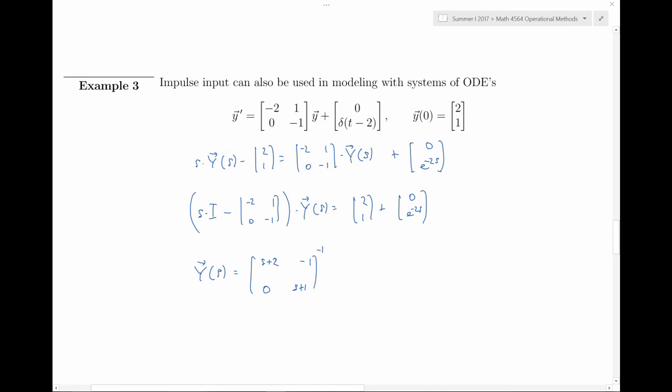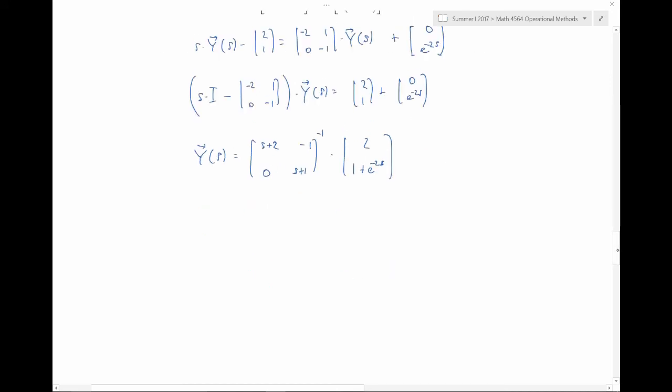So we need to invert this matrix and multiply by the vector 2 on the top and 1 plus e to the minus 2s on the bottom. Computing the inverse gives us 1 over the determinant of the matrix, which is s plus 2 times s plus 1. And inside the matrix we'll switch the diagonal elements and negate the off-diagonal elements.